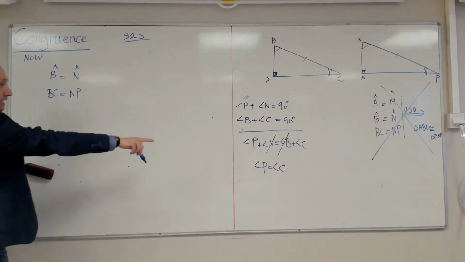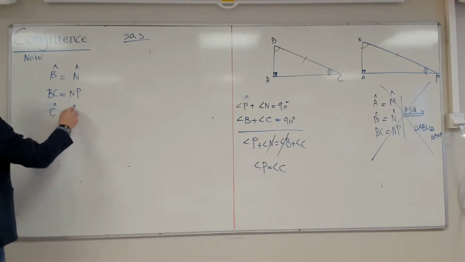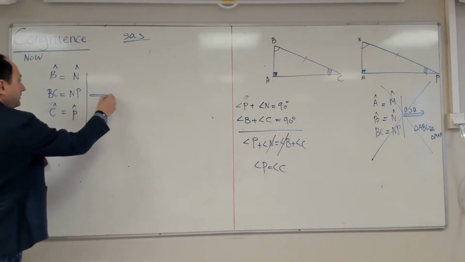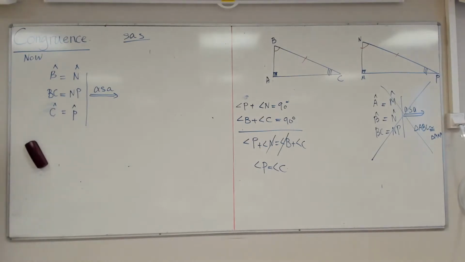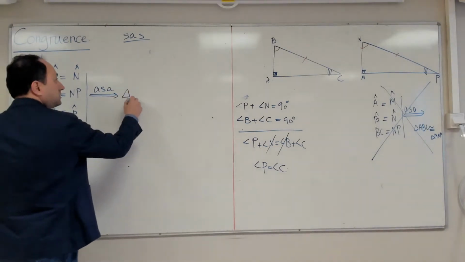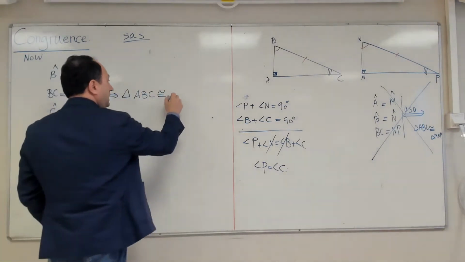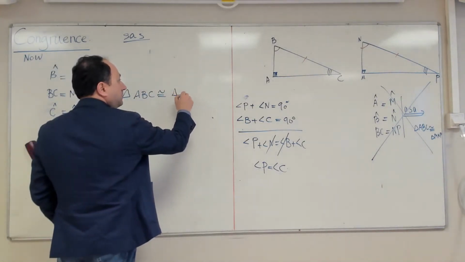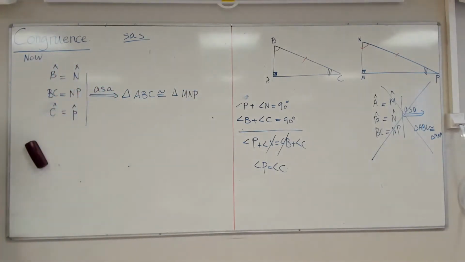And now I myself concluded, based on the information that you provided for me, that angle C is equal to angle P. Now I can safely write the ASA situation. Yes? Let me finish this. And then this becomes the triangle ABC is congruent to triangle MNP.